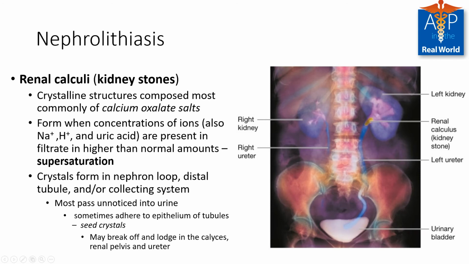And so these are called seeding crystals. And when the seeding crystals get large and break off, then they can start to disrupt the calyxes, and as you can see here, between the renal pelvis and the ureter. And of course, they can be very painful.